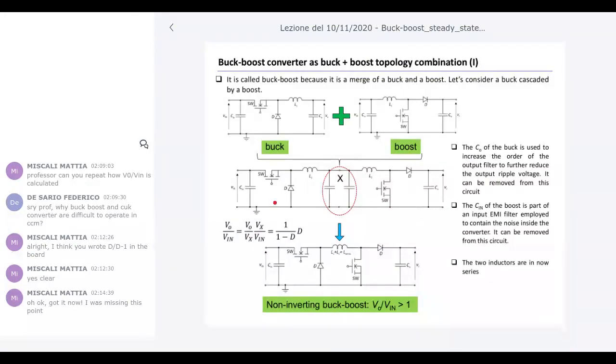Okay, let's continue this discussion about the derivation of a buck boost by direct connection of a buck and a boost. Buck connected to the input and the boost connected to the output. In order to do that, let me share my screen.